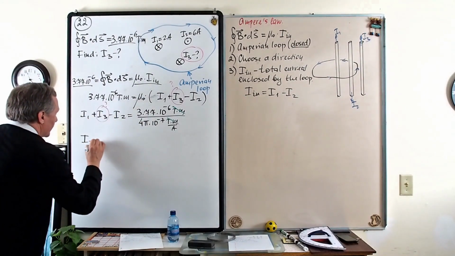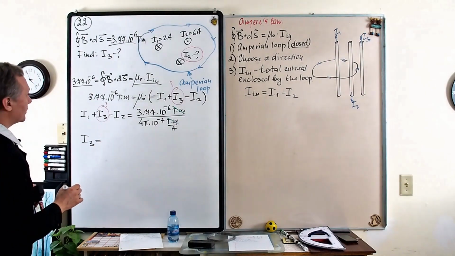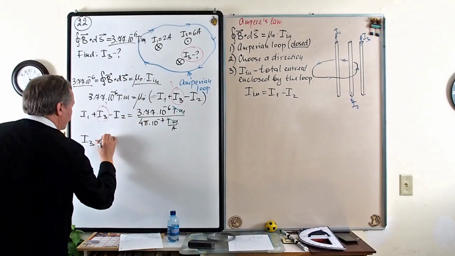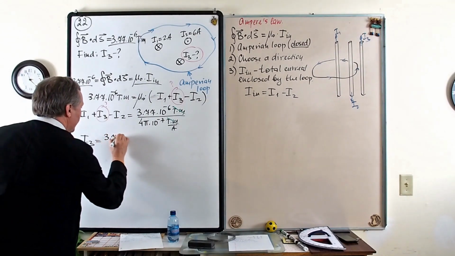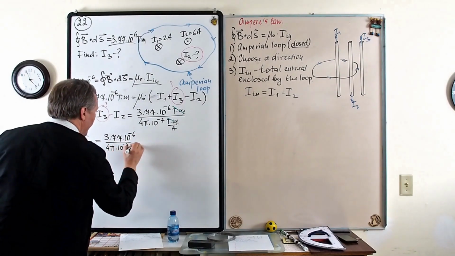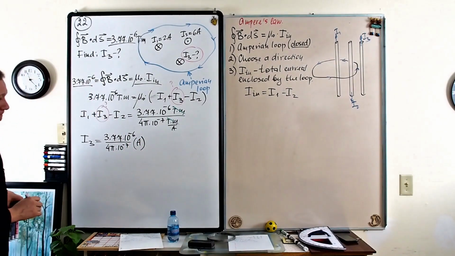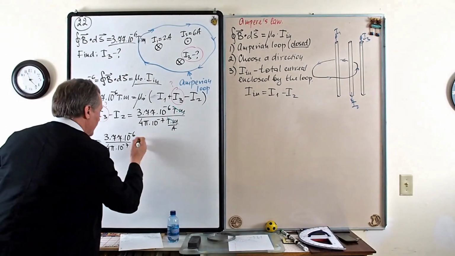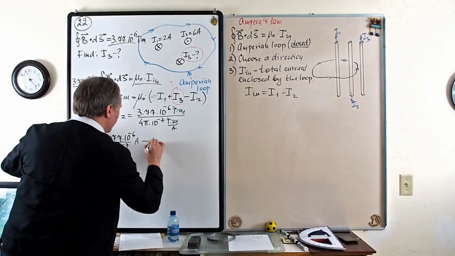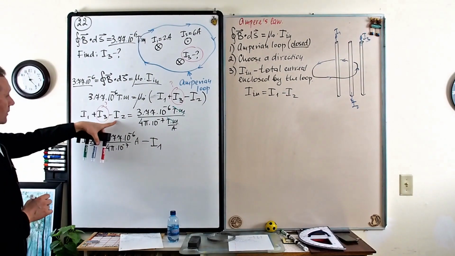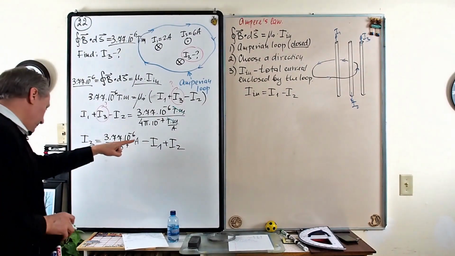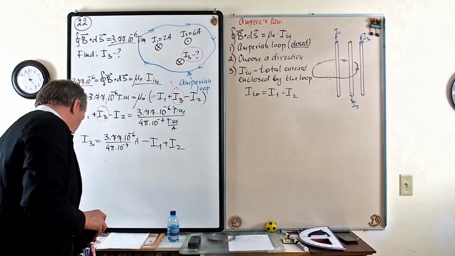So I3 will be equal to this ratio, 3.77 times 10 to the power of minus 6 divided by 4 pi times 10 to the power of minus 7, in units of amps, minus I1 plus I2.